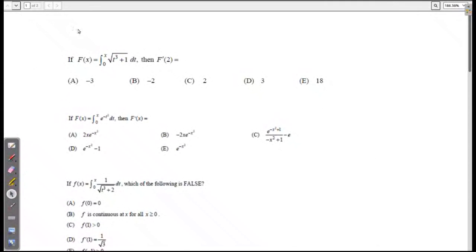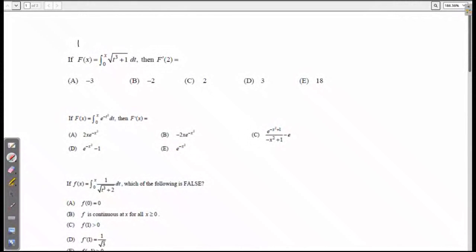So in this problem, they tell us that if capital F of x is equal to the integral from 0 to x of square root of t cubed plus 1 dt, then they want to know what F prime of 2 is.